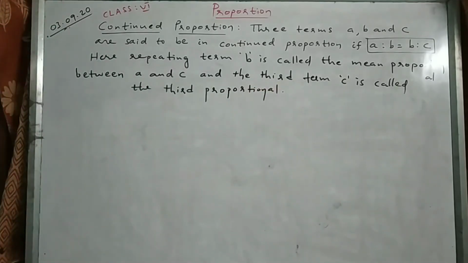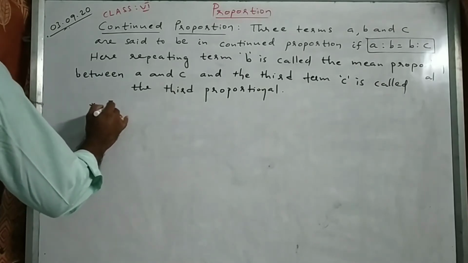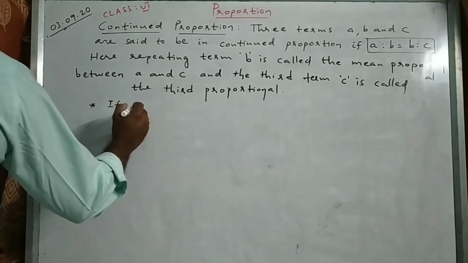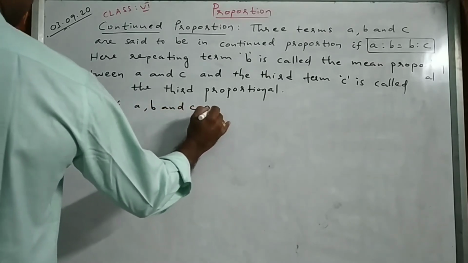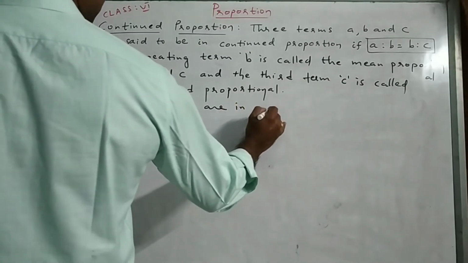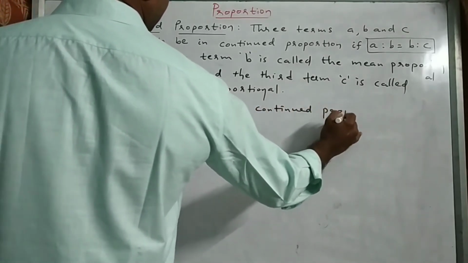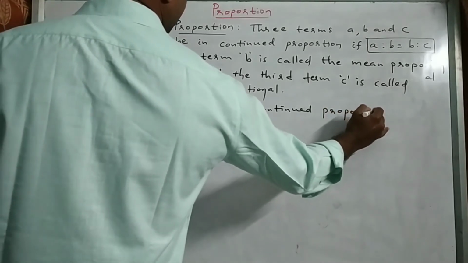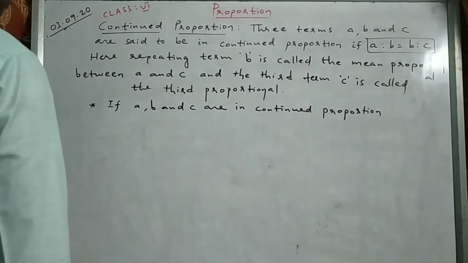Okay? So that means here important condition, if A comma B and C are in continued proportion, you look at here once.